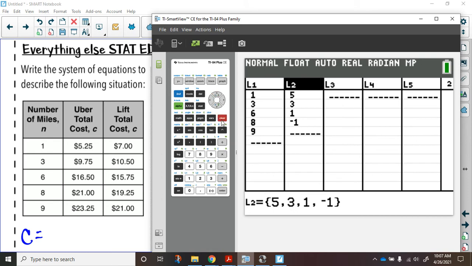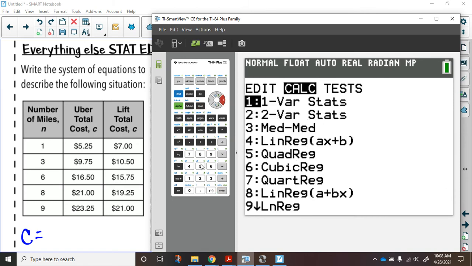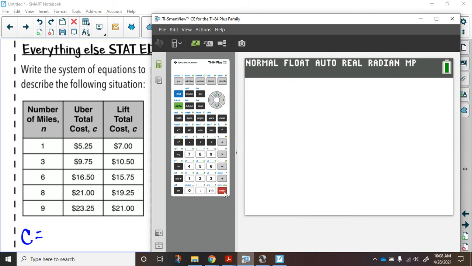And then for the Uber cost, we have 5.25, 9.75, 16.50, 21, and 23.25. So again, we're pressing stat calc number 4, enter 5 times.